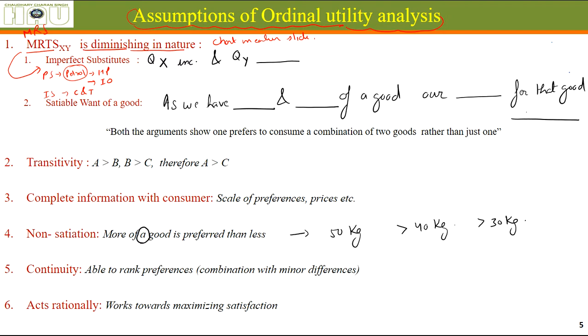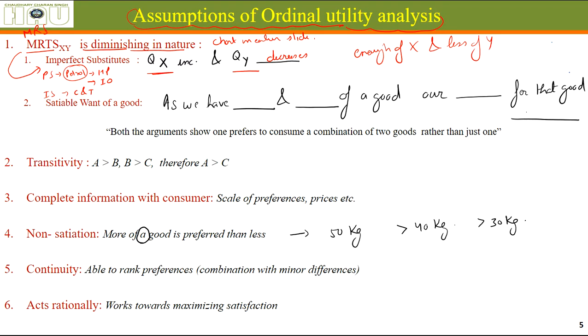As we know, most of the things in our vicinity are imperfect substitutes. So as the quantity of X increases when you move from left to right on the indifference curve, the quantity of Y decreases. And when the quantity of X increases, we feel like we have enough of X and less of Y.